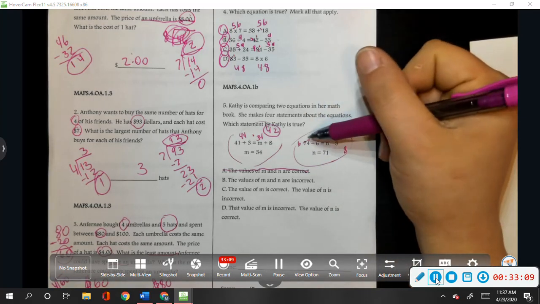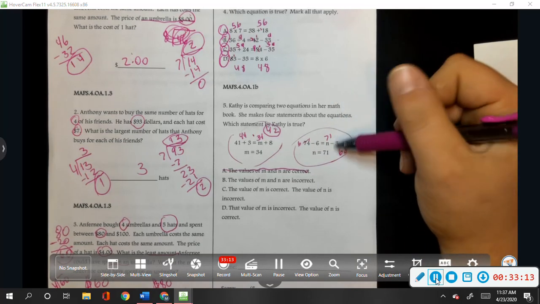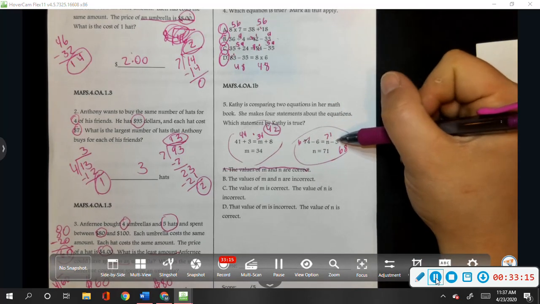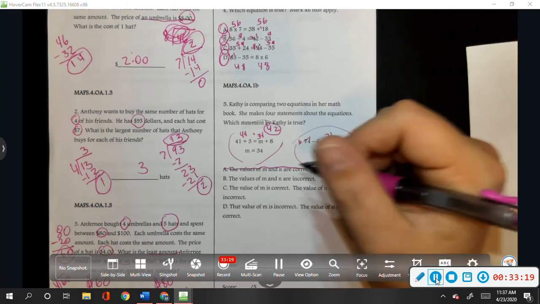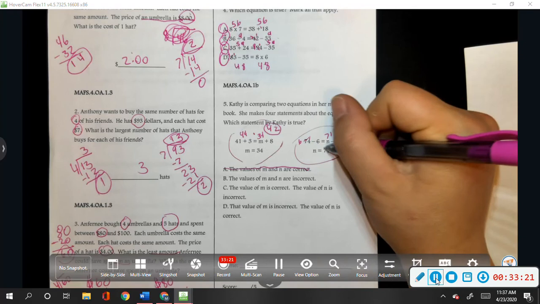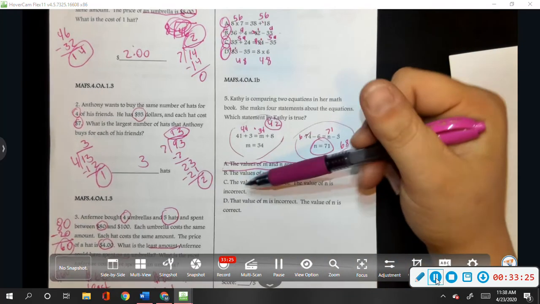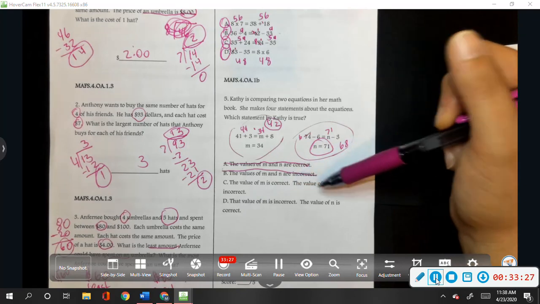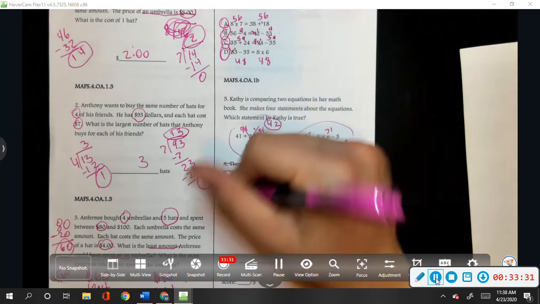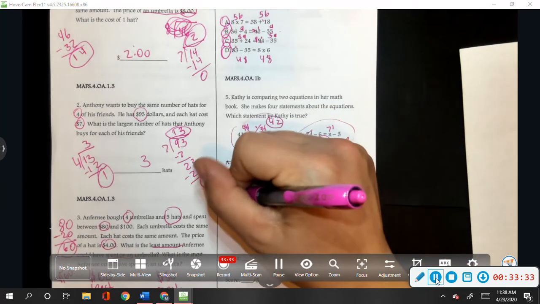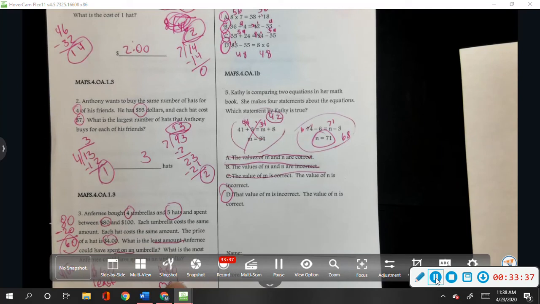And then we would have 6. 71 minus 3 is 71, 70, 69, 68. So they're not both incorrect. This one is actually correct. So this isn't going to work. Number C says the value of m is correct, the value of n is incorrect. We already know that's not right because this one was not right. So our answer is going to be D. The value of m is incorrect and the value of n is correct.